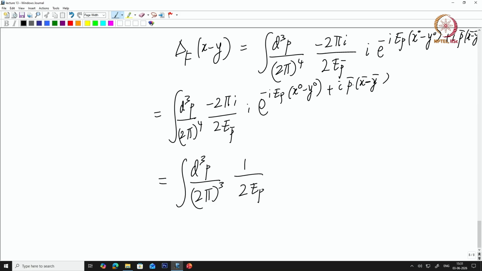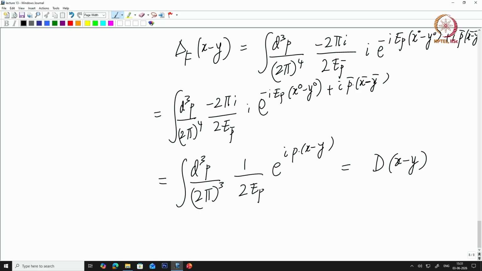So, this gives me e power i p dot (x minus y), which is nothing but D of (x minus y).